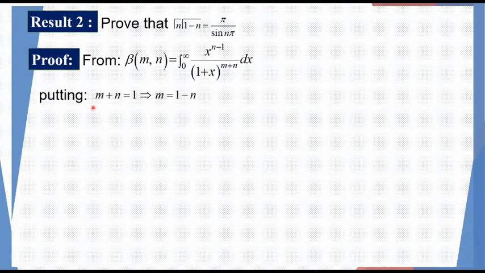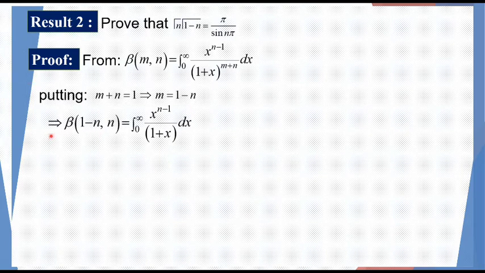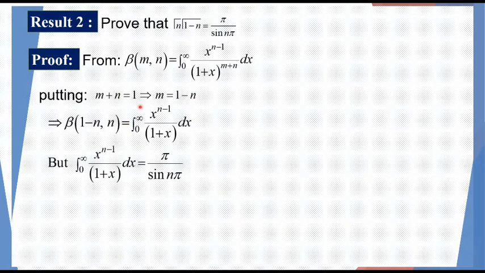On putting m plus n equals 1, so that m equals 1 minus n, beta(1 minus n, n) equals integral 0 to infinity x raised to power n minus 1 upon 1 plus x dx, and it has a direct value, that is, this integral can be directly equated to pi upon sine n pi.